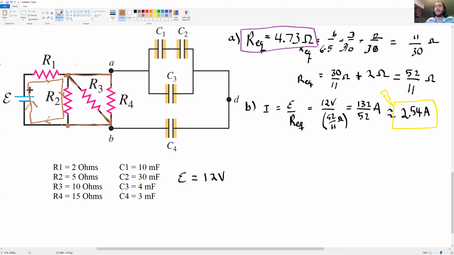So let me go ahead and use these letters here, A and B, in my Kirchhoff's voltage law expression. So I'm going to write for part C, I gain a potential difference E, I lose R1 times I, and then I lose VAB.